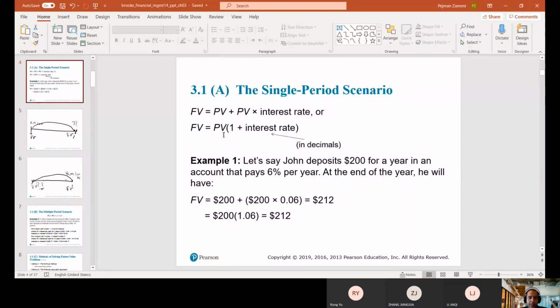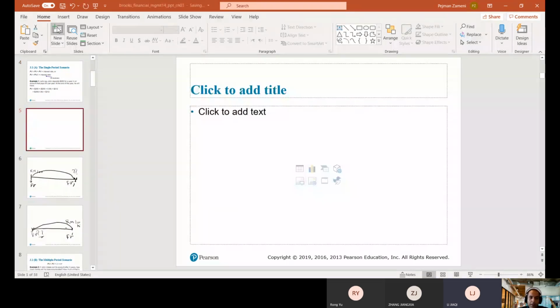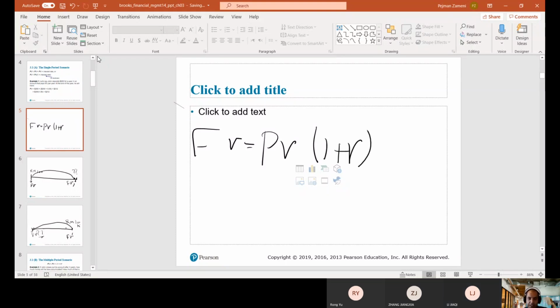As you can see, this formula helps us relate the future value to the present value, which we write like this: future value equals present value multiplied by 1 plus R or I, it depends. R or I is called the interest rate, to the power of N or T.